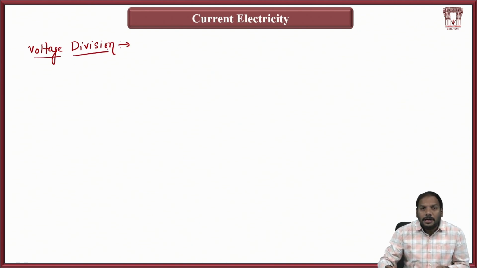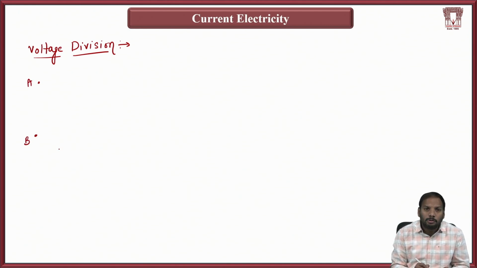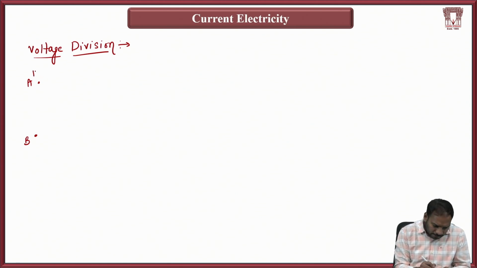The name itself says we are dividing the voltage. So how are we dividing the voltage between different points? Let us take an example. Let us consider two points, A and B, and assume the potential at one point is 10 volts and the potential at the other is 2 volts.